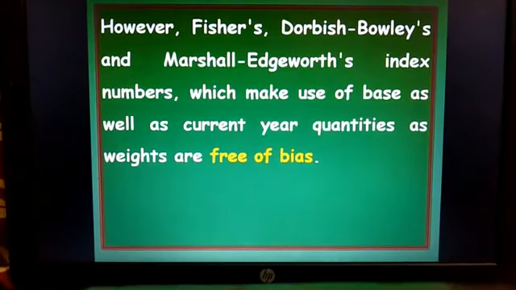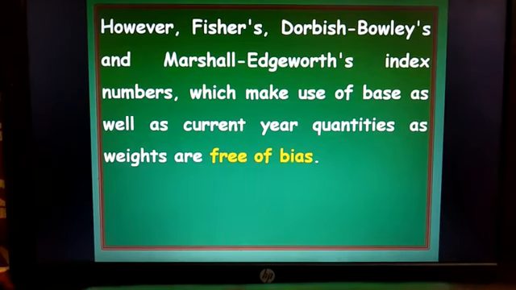Just because these are using both base year as well as current year quantities, or both base year as well as current year prices if quantity index numbers are being calculated. As a whole, all the index numbers mentioned here will have as the weight both base year and current year aspects.